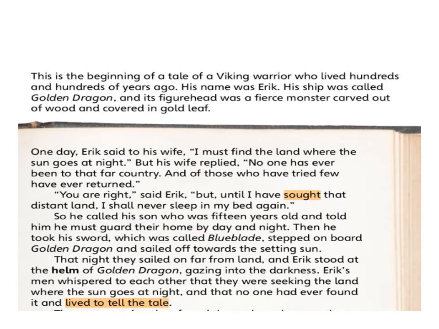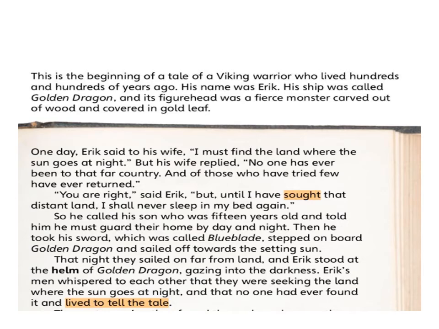In the very old past, the most famous and fierce of fighters had names for their swords. So, this is what Erik did. He called his sword the Blue Blade, stepped on board Golden Dragon, and sailed off towards the setting sun.